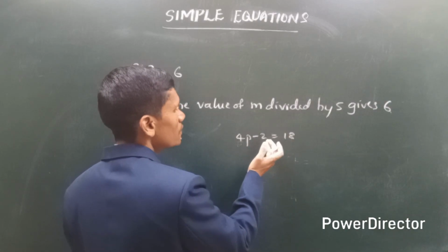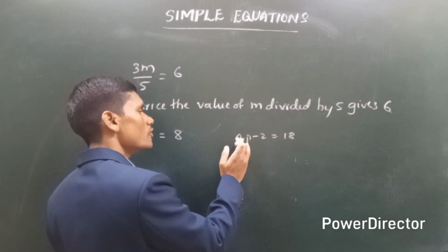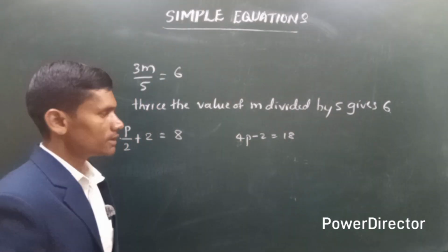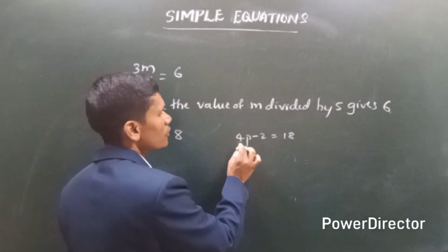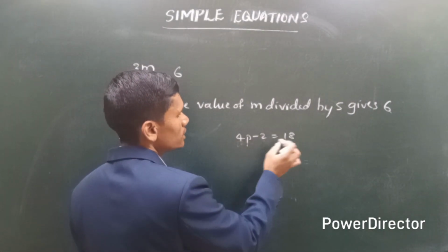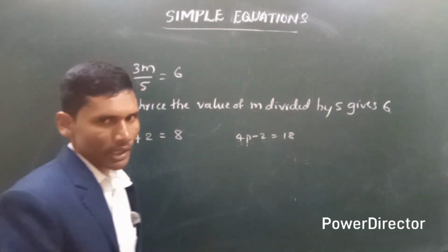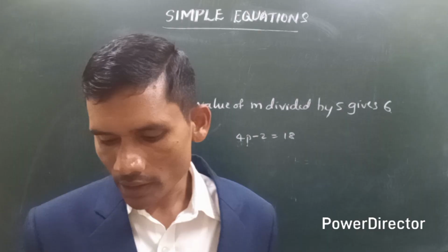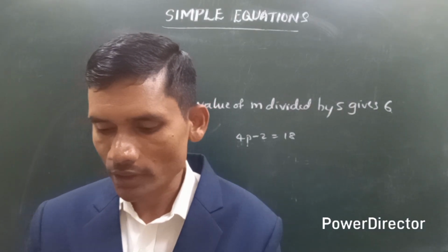Otherwise, the difference of 4 times the value of p and 2 is 18. You can write like that. This is how you can express the given expressions into statements.